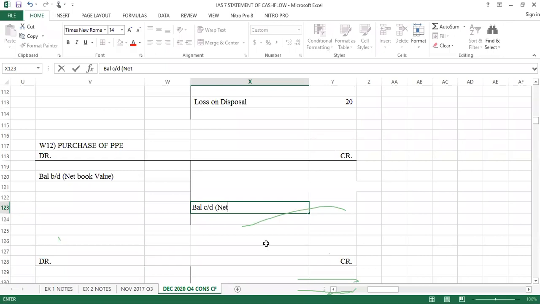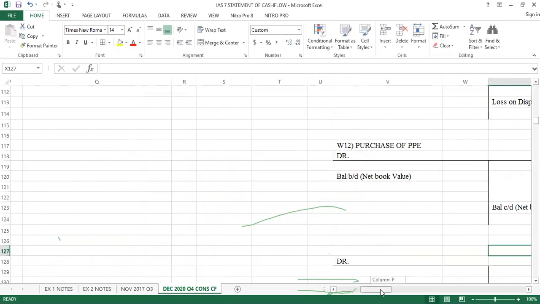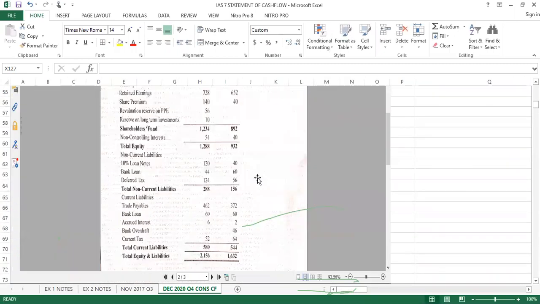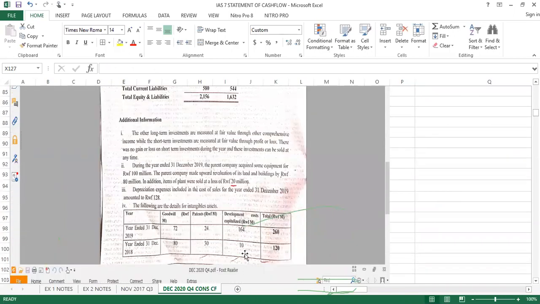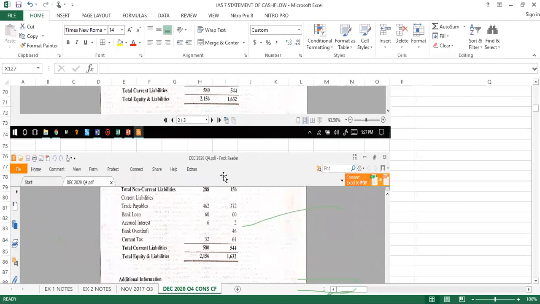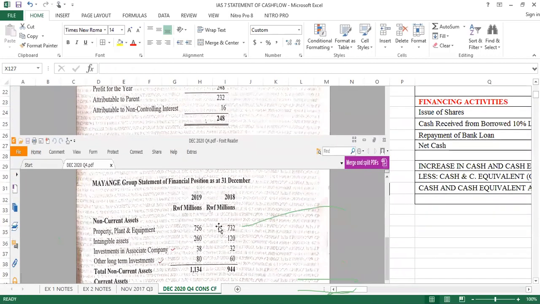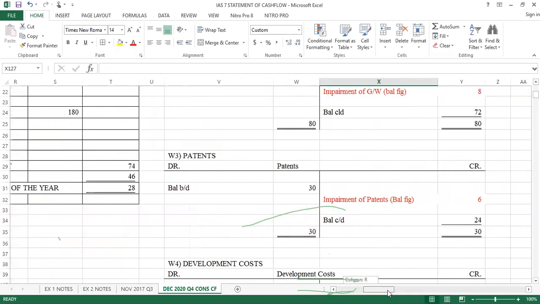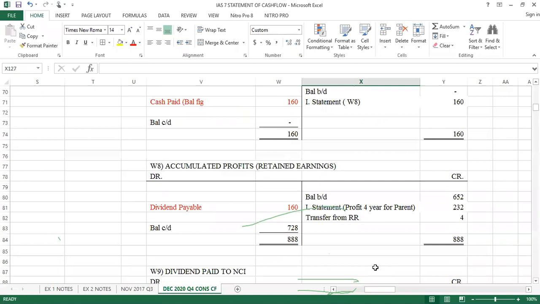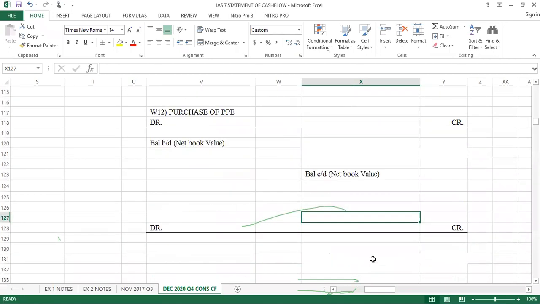Again, it is a net book value. That is why I was really struggling to look for it. So now, let's go to the PPE net book values in the balance sheet. In the other questions, you are always being given additional information, but here you are not given. So you pick it from the balance sheet. If you pick it from the balance sheet, it is a net book value. So 732 and 756. Remember, plant is part of PPE. So 732, where is it? There is really a lot.